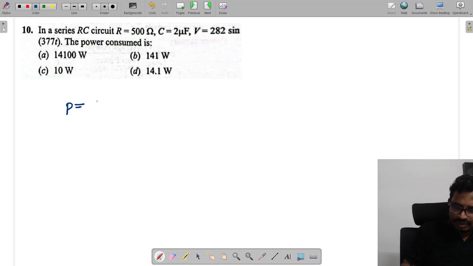P is given as VRMS into IRMS into cos phi.